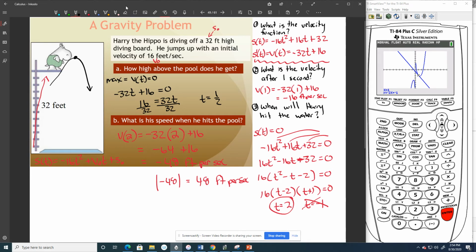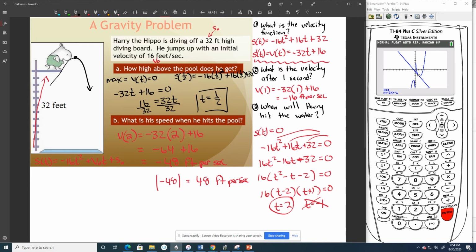So what that tells me is at the time of 1/2, Harry's going to reach his maximum height. So now that I know the time, I can plug that into my position formula. My position at 1/2 is equal to negative 16 times 1/2 squared plus 16 times 1/2 plus 32.